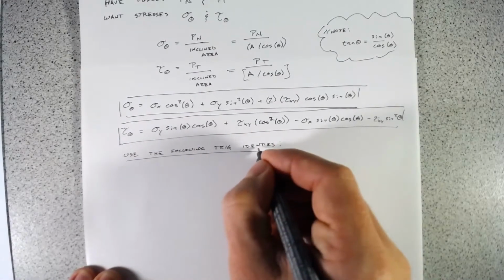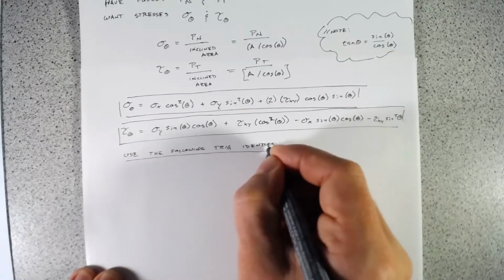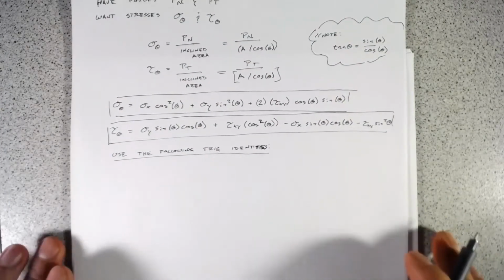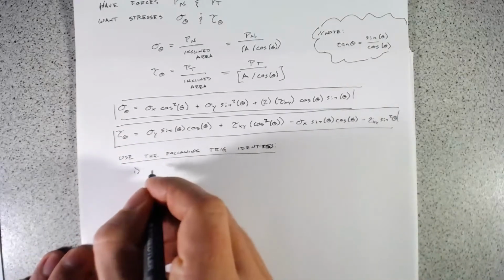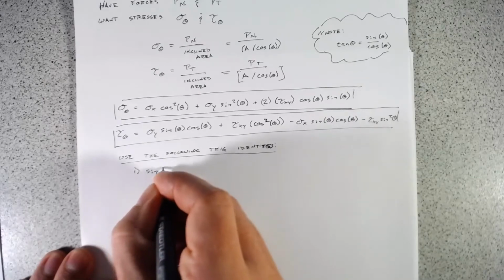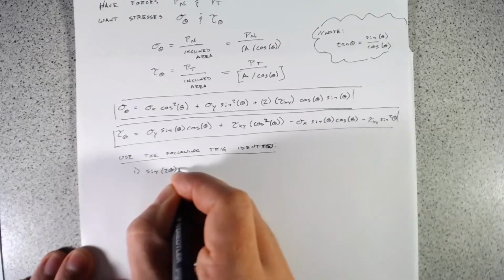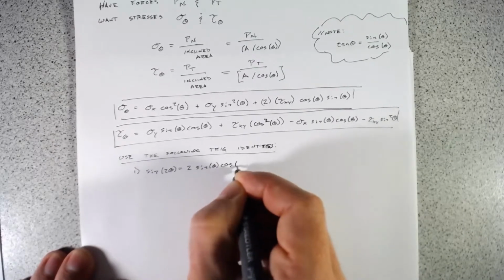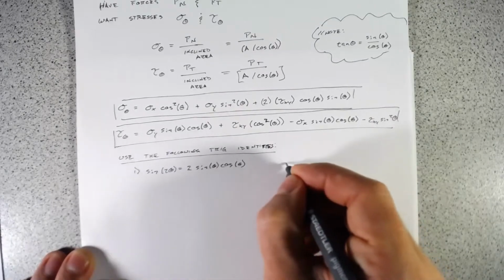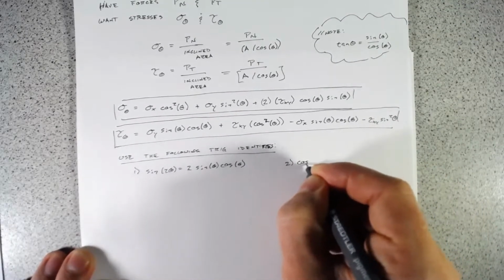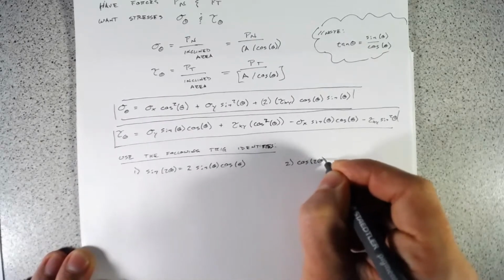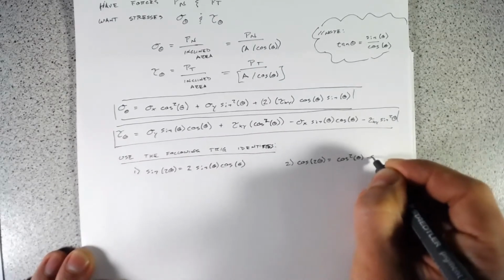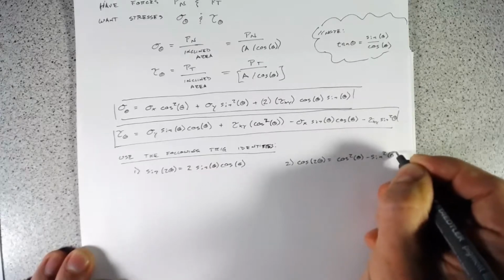So if we use these identities, sorry, I had trouble spelling today. These are: sine of 2 theta equals 2 sine theta cosine theta. The second one is that cosine of 2 theta equals cosine squared theta minus sine squared theta.